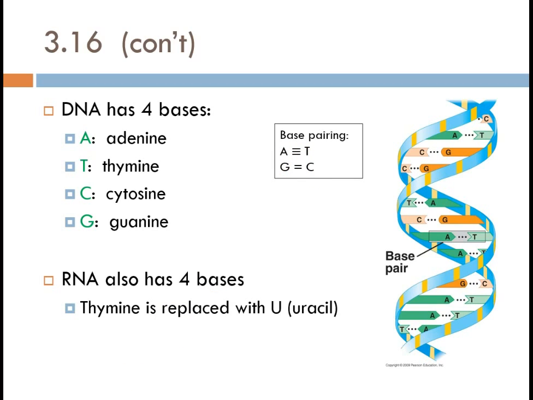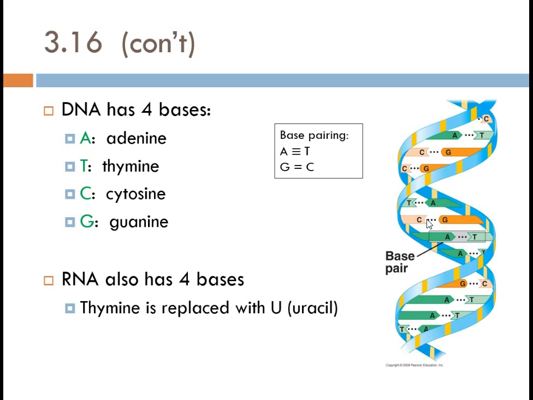So these should be reversed. It should be guanine and cytosine have 3 hydrogen bonds, and adenine and thymine have 2 hydrogen bonds.